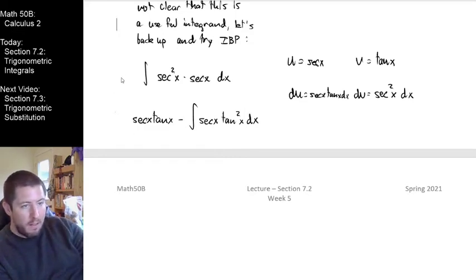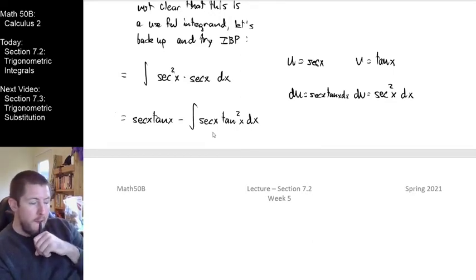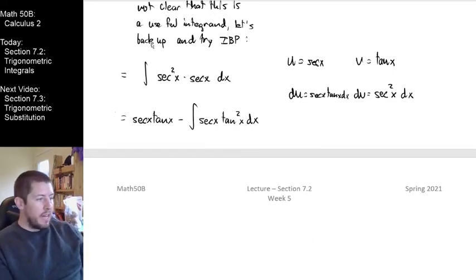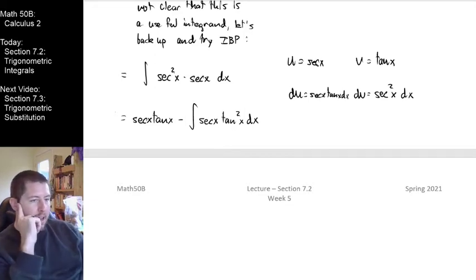Did this help us at all? So I've replaced my integral I can't do with a different integral. And now I'm asking myself, is this actually the helpful thing that I want to do right here? Well, again, we're in this situation where we don't really have the powers that I was hoping to see.